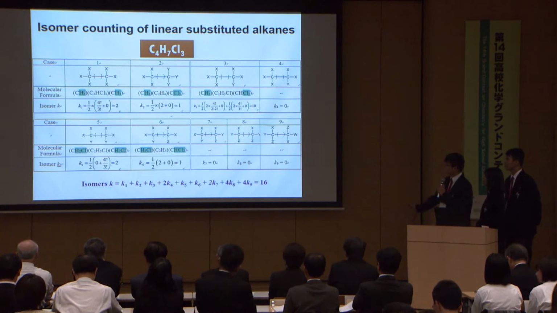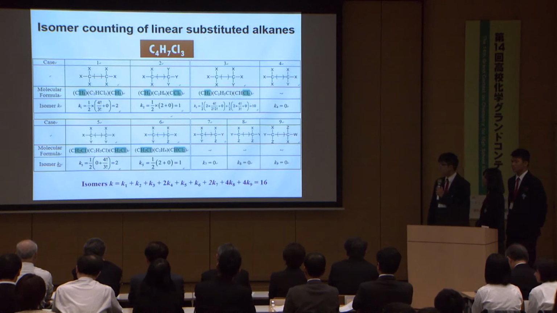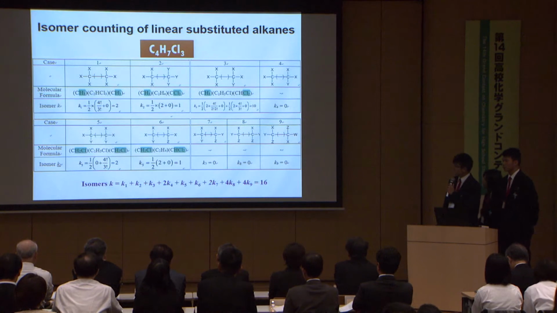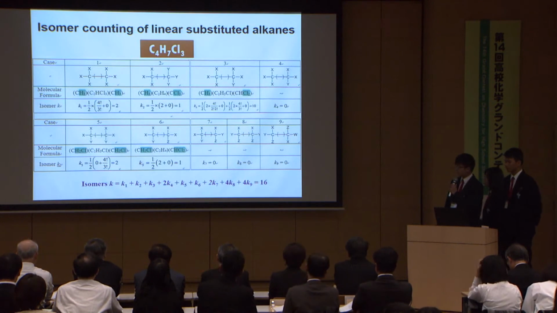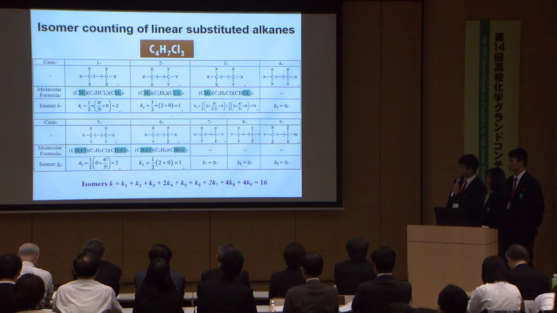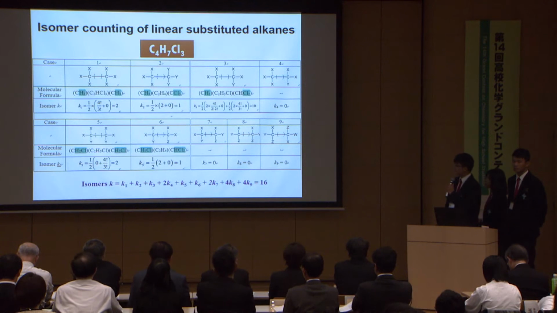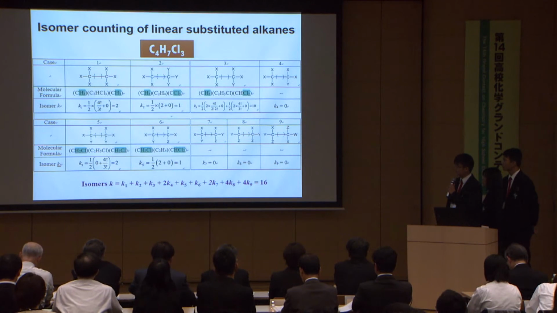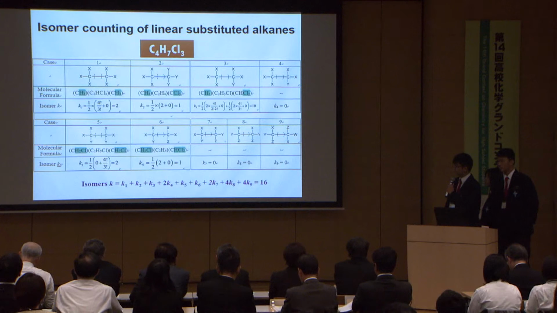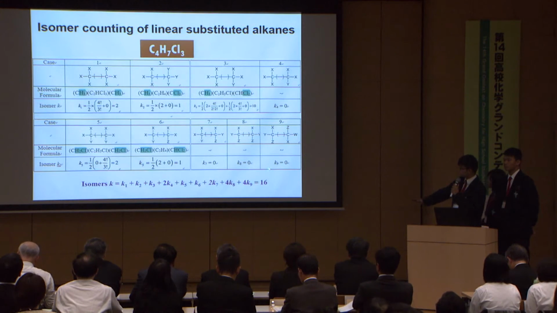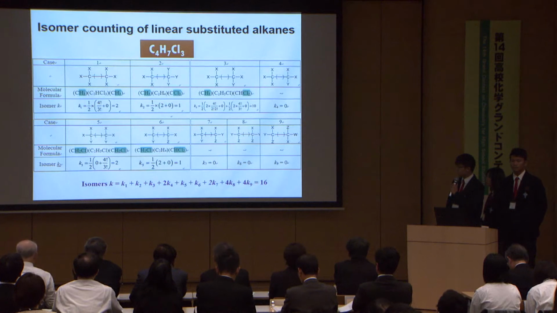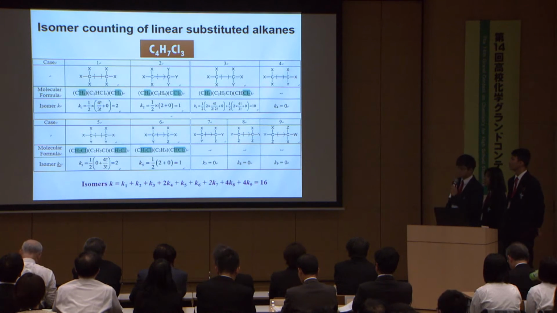And so we can find these 9 cases. Then we list the remaining substituents, and according to Burnside's lemma, we can find the number of isomers in each of the 9 cases. Finally, we add the numbers of these 9 cases together to get the total number of isomers.